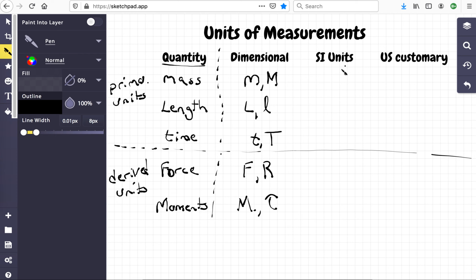So if we continue down the road, if we go back up to our mass, the SI unit we would describe this object having a mass of some sort of unit. In the SI, it would be kg, and that stands for kilogram. For length, in the SI, we would go with meter.